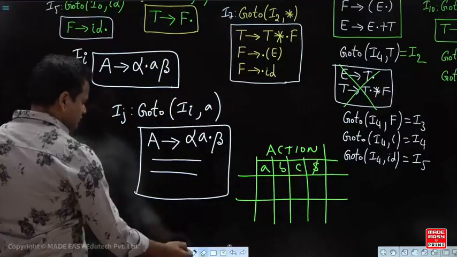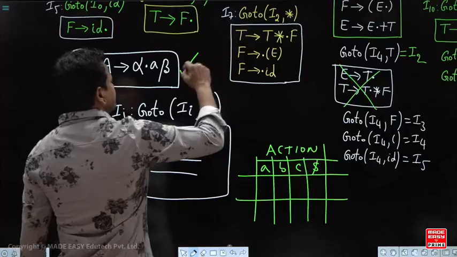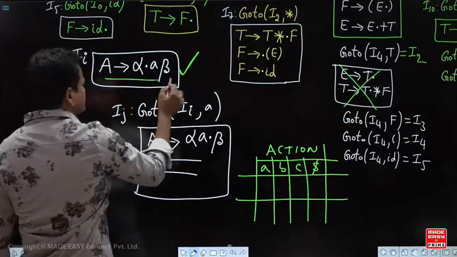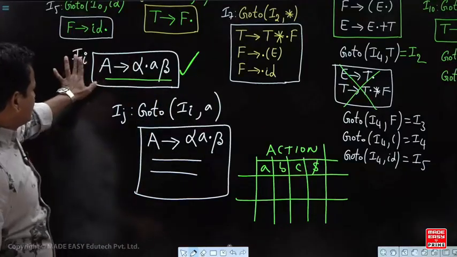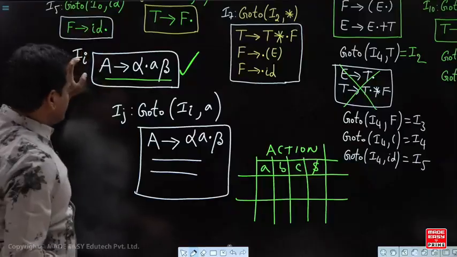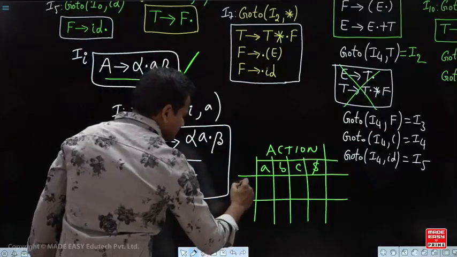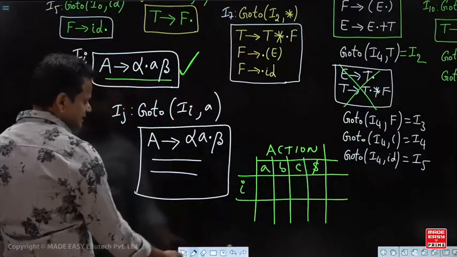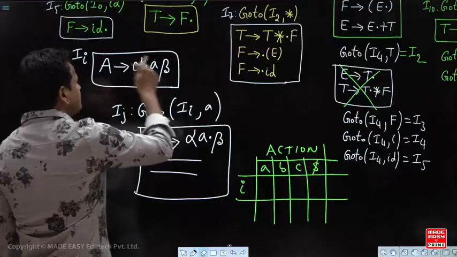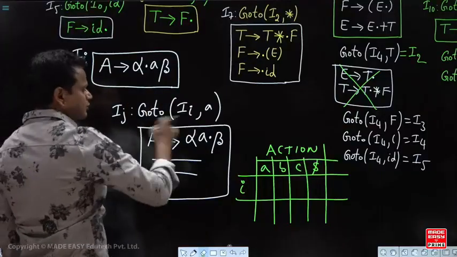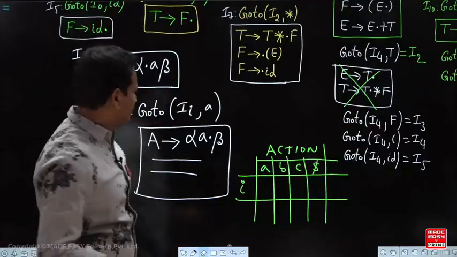I am writing for this state and this production, and the name of the state is Ii. Therefore, I must enter in the ith row. If it is I1, first row; I2, second row; I3, third row, like that.